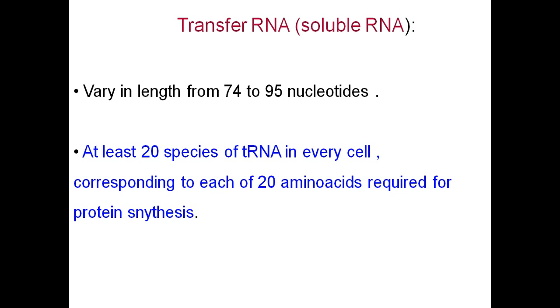Because you know that there are 20 amino acids, one tRNA codes for one amino acid, so 20 types of tRNA are present in every cell, which is required for protein synthesis.